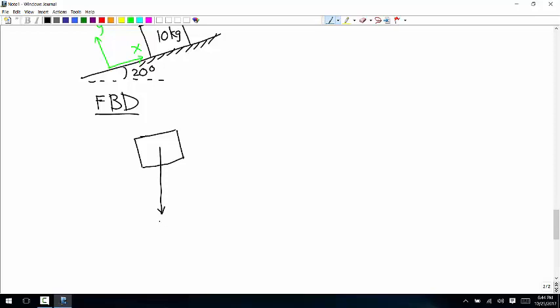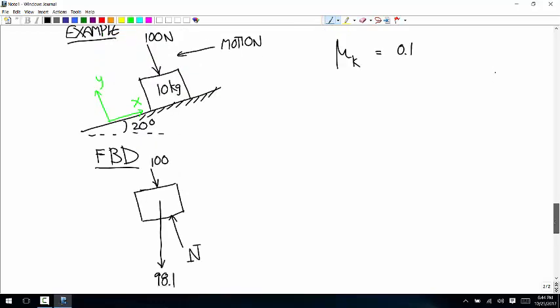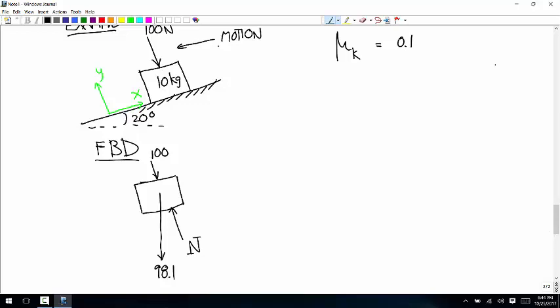Okay, so the weight force is 98.1. There's a force of 100 newtons, like that. There's a normal force perpendicular to the surface toward the chosen body, so that way. And the friction force is opposite the direction of motion, so it's this way.